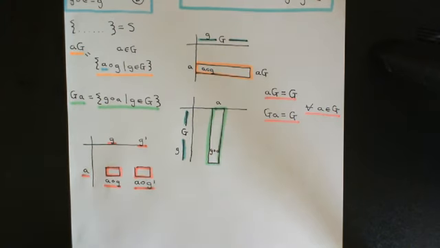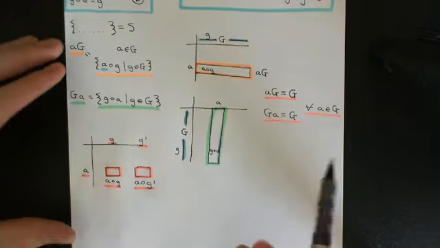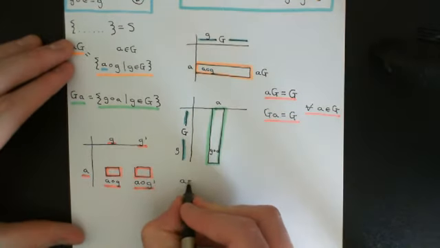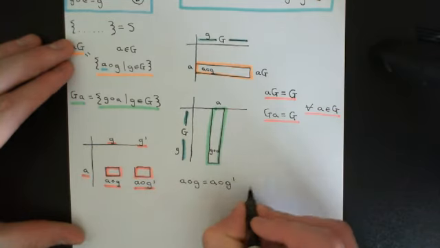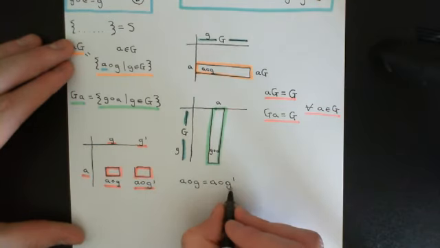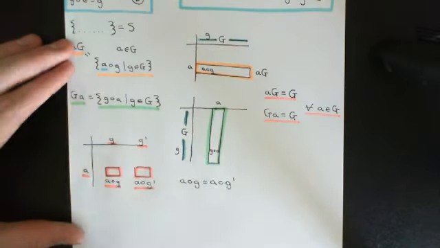We need to arrive at a contradiction, because I'm saying this can never happen. But we're going about a proof by contradiction, so we're saying suppose it does happen. Then little a composed with little g will equal little a composed with little g prime, for some g and some g prime that are elements of the group. Now, why is that a contradiction?